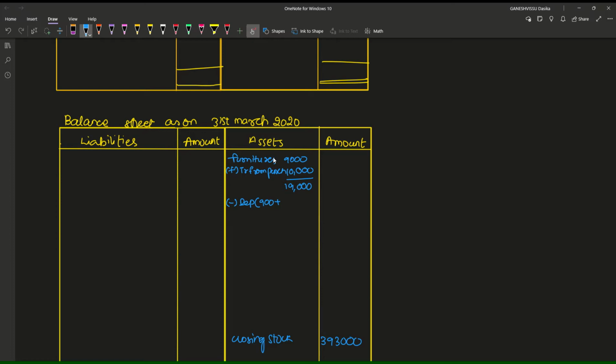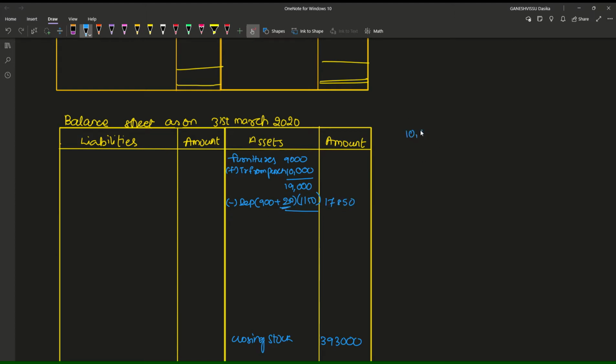And for this 10,000 we need to depreciate at 10% for only 3 months. That means only 250 rupees is going to be charged, making 1,150. We need to deduct that. So 10,000 plus 9,000 is 19,000, minus 1,150, which is 17,850 rupees. How did we get this 250?